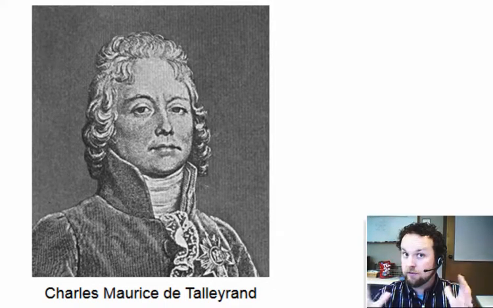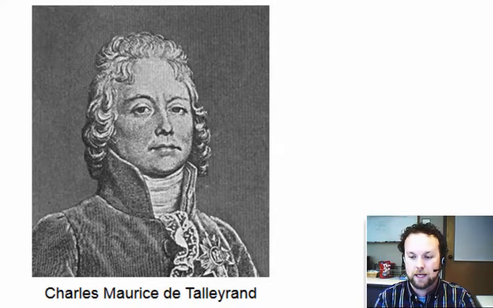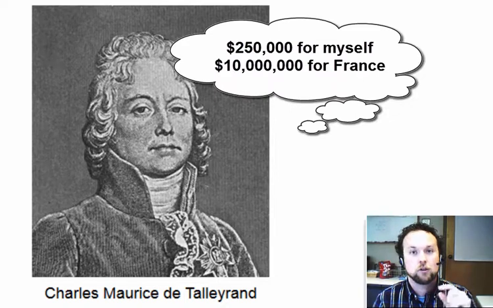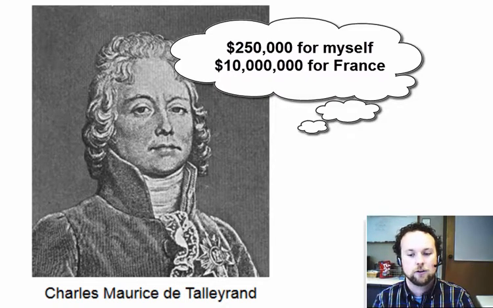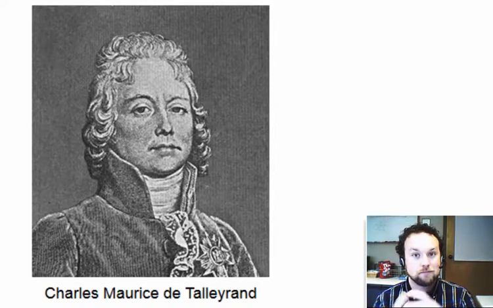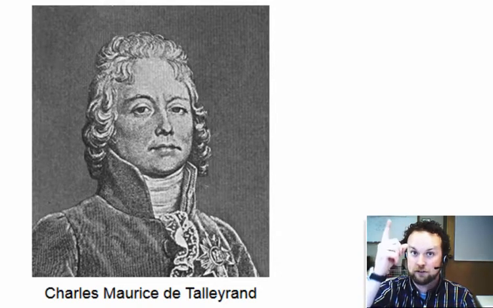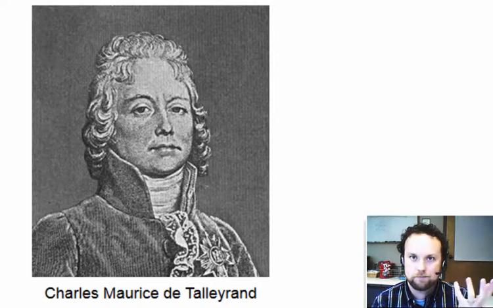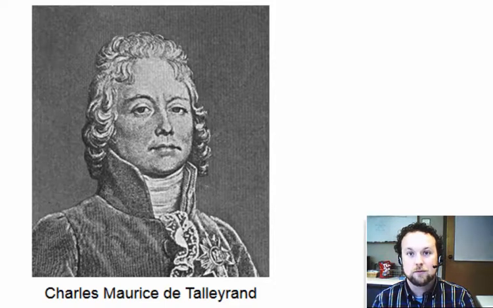Even before negotiations could begin, the French agents stated that Talleyrand wanted $250,000 for himself and $10 million as a loan to France. After hearing those demands, one American replied, "Not a sixpence," which is like, not a penny, and left to inform Adams about these demands made by the French Prime Minister.